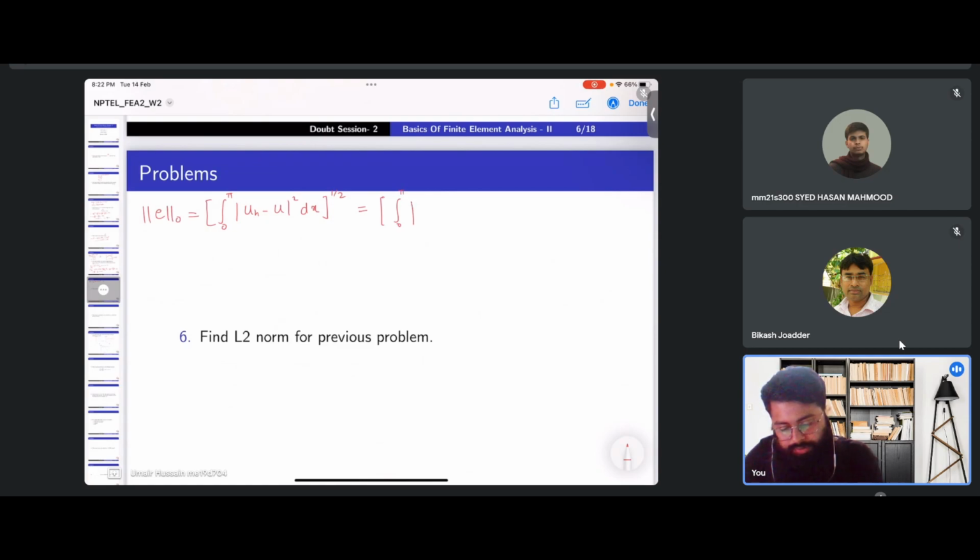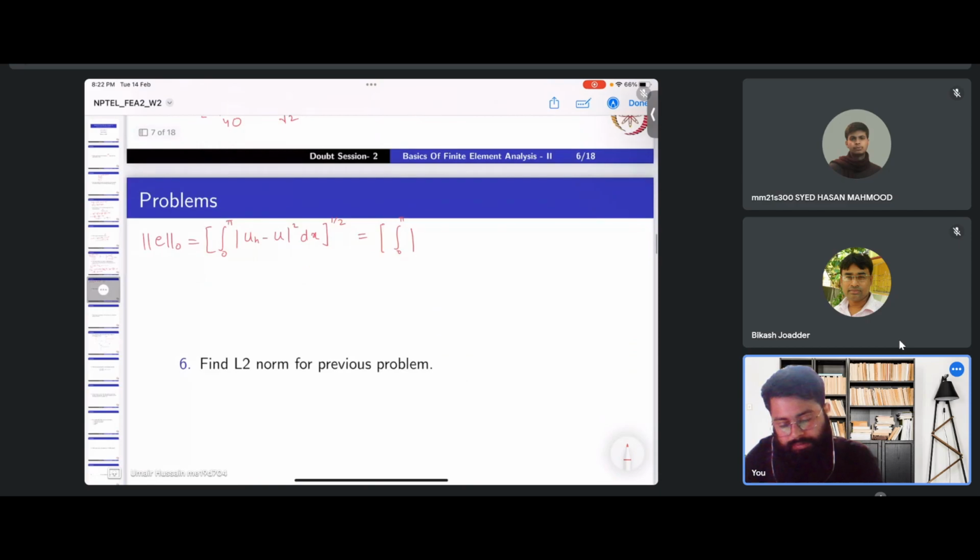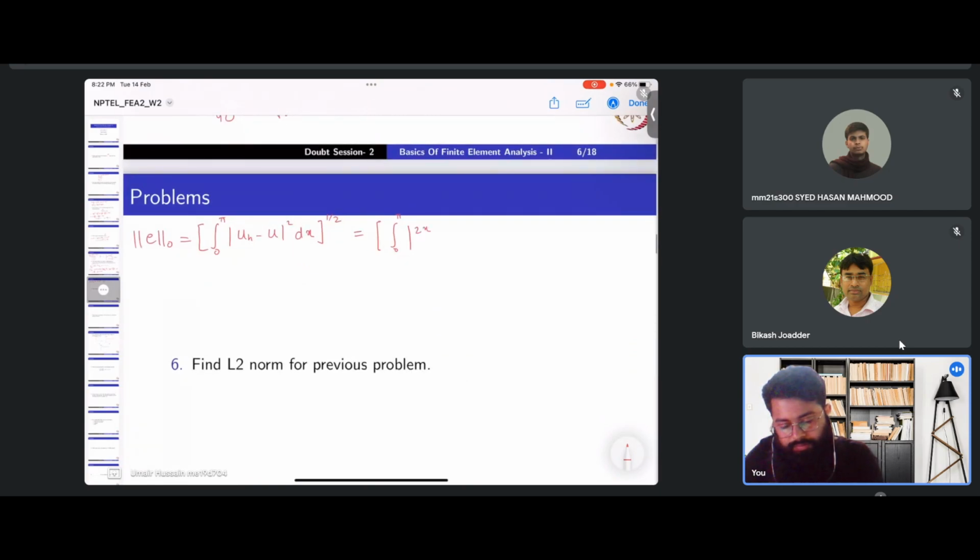So we have u_h, it is 2x times pi minus x over 5, minus sin x, squared, like half of this.